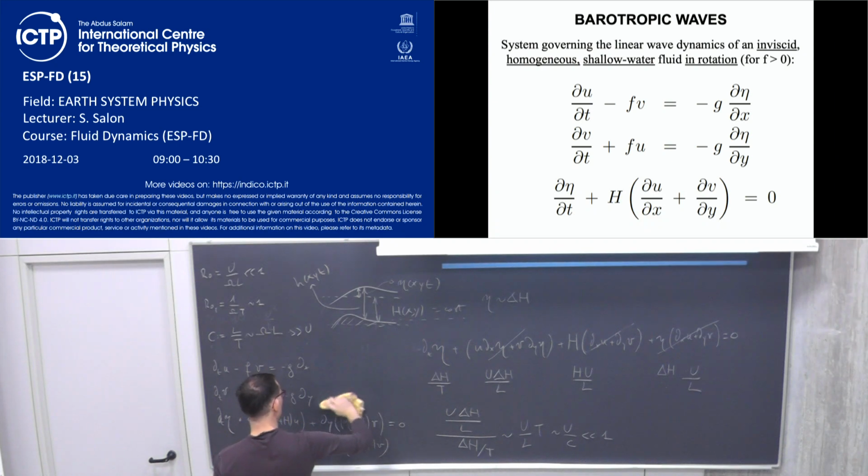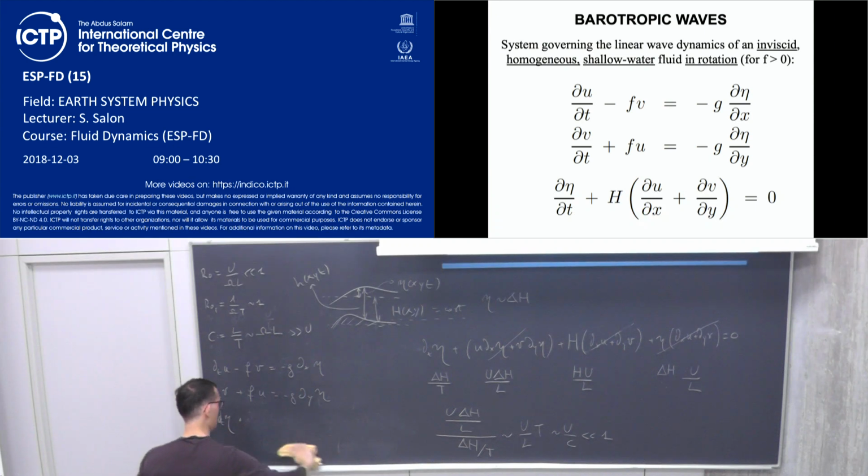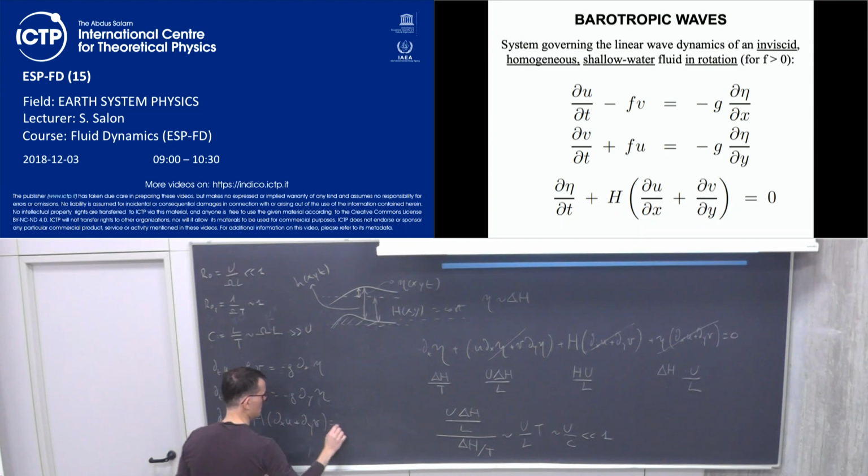So this system of differential equations is governing the linear wave dynamics.